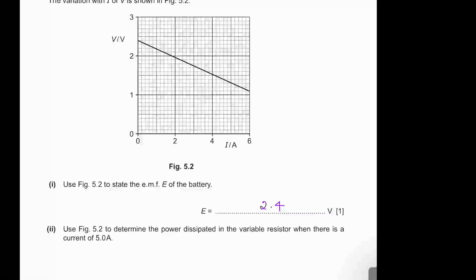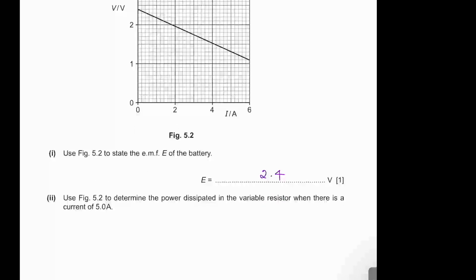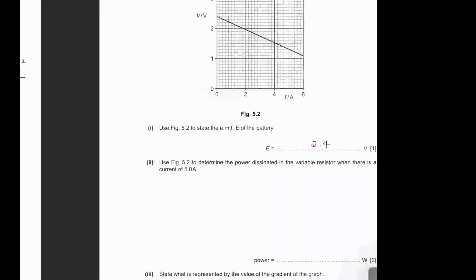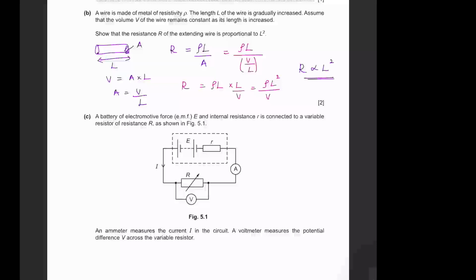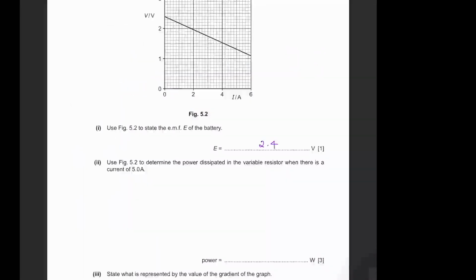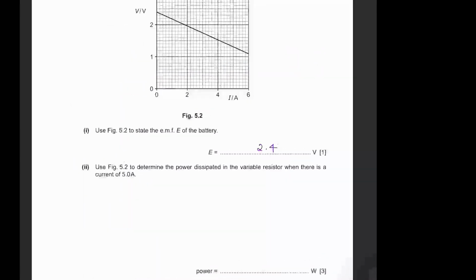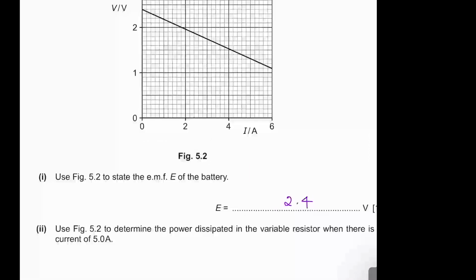Then using the figure 5.2, determine the power dissipated in the variable resistor when there is a current of 5 amperes. So when the current is 5 amperes, you can find the voltmeter reading here: 1.3 volts.